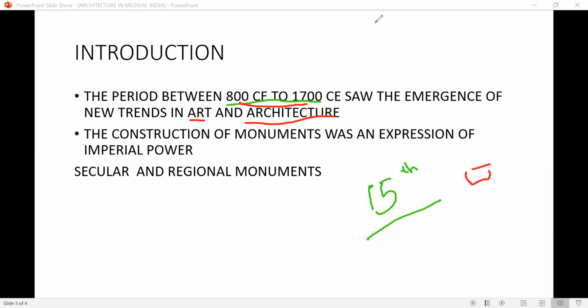Now the second point: the construction of monuments was an expression of imperial power. This sentence contains a lot of information.